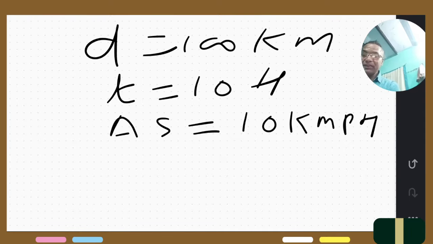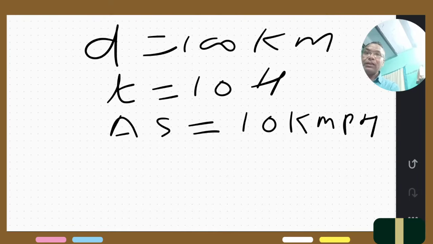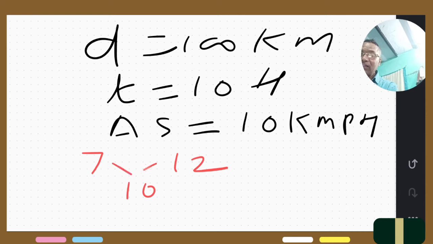So here the first part rate is 7 kilometers per hour, and the second part rate is 12 kilometers per hour, and the average rate is 10 kilometers per hour. From this we will get the ratio of time.